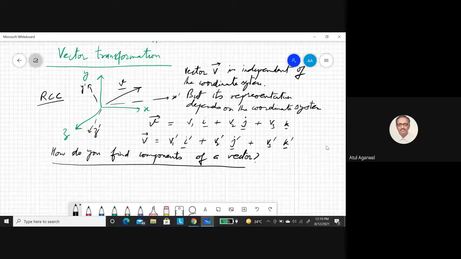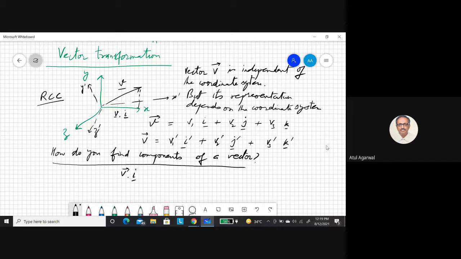You start the vector from the origin of the coordinate system. Now you draw a perpendicular onto one axis. So vector v dot direction i is the component of vector v along the x-axis. What is v dot i?